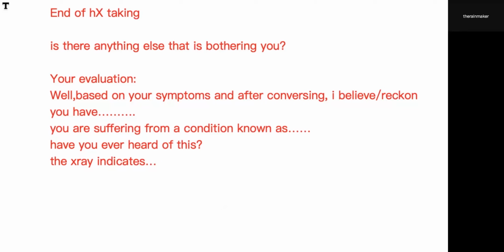You're slightly obese. You're slightly overweight. Maybe that is the contributing factor for elevated cholesterol. So what we need to do now is to change our lifestyle, include exercise, good food, so that the condition can be reversed. Maybe we would need another follow-up test after a few months to see your progress.